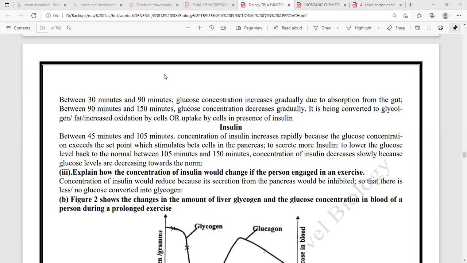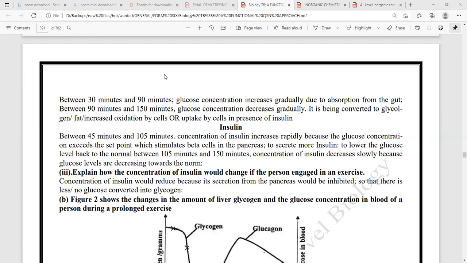Now, when you look at the concentrations of insulin, between 45 minutes and 105 minutes the concentration of insulin increases rapidly, because the glucose concentration exceeds the set point, which stimulates the beta cells in the pancreas to secrete more insulin.